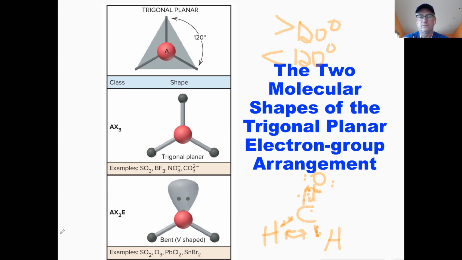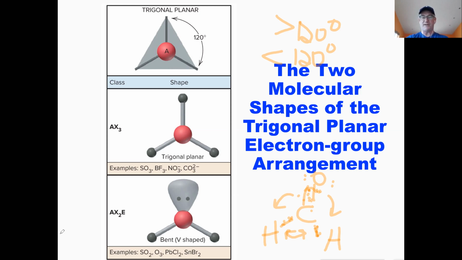Would it be greater since the double bond is like pushing? Never mind, I don't know. It is pushing. The double bond is a greater density of electrons, and so it is pushing those two hydrogens away from it. So where the hydrogens would be here, they're now sort of pushed away from the oxygen a little bit more.